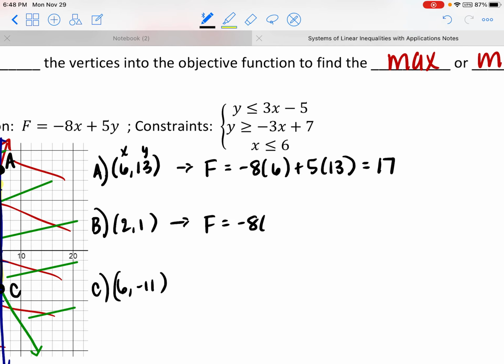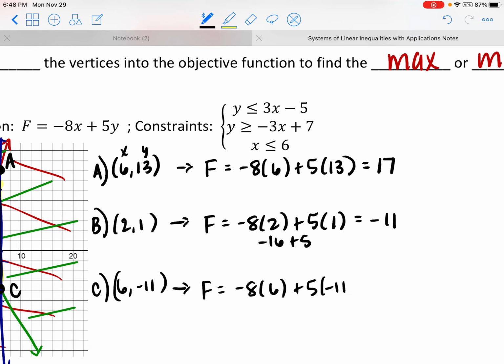So that's going to be negative 8 times 2 plus 5 times 1. I can do that one without my calculator. That's going to give me a negative 11. And then lastly, if I plug in this one, I have negative 8 times 6 and 5 times a negative 11. So negative 48 and negative 55, that's negative 103.